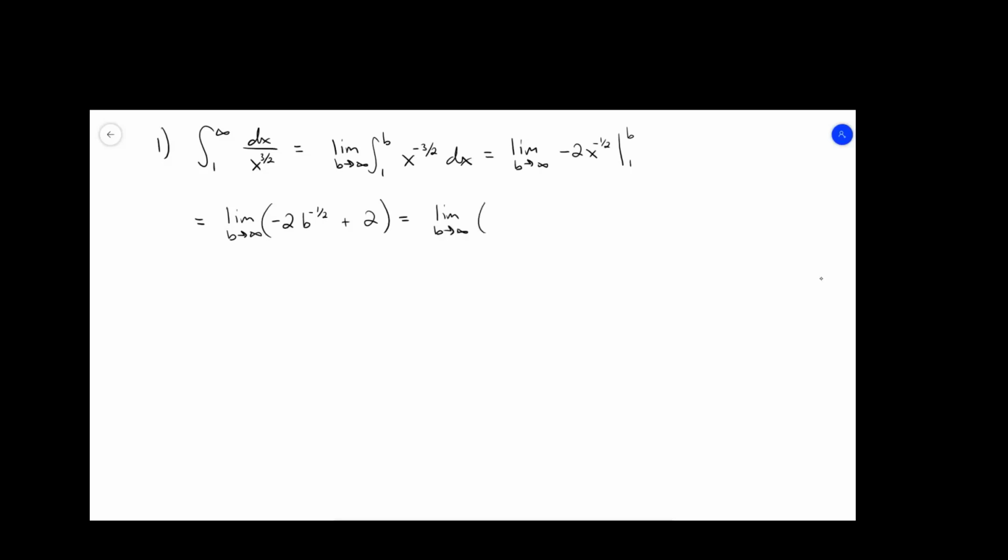This is going to end up being negative 2 over the square root of b. And then I think it's hopefully pretty obvious what happens when b goes to infinity here. This term is going to go to 0. That leaves us with 2 for the value of the integral, and therefore it converges to the number 2.